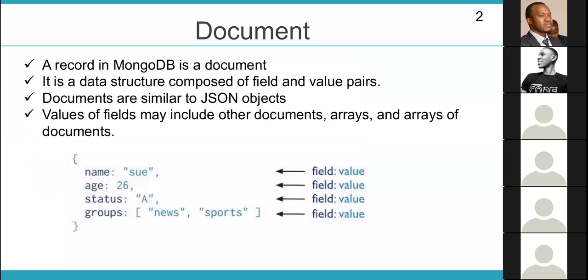Now, MongoDB stores data in documents. A record in MongoDB is a document, and it is basically a data structure composed of field and value pairs. And this field and value pair structure is very similar to JSON. I've been talking about JSON. If you look at this document here, this is what JSON data looks like.